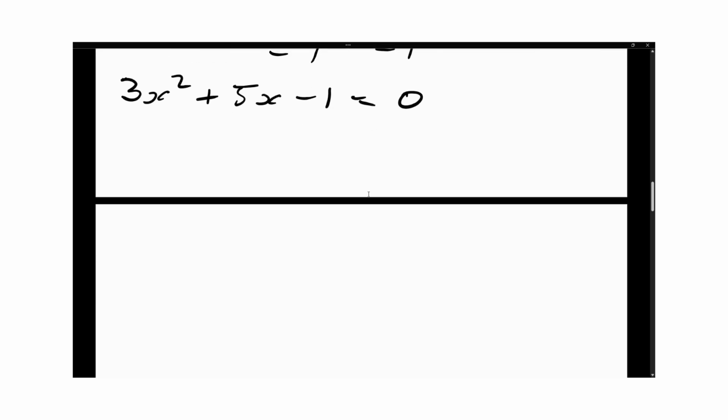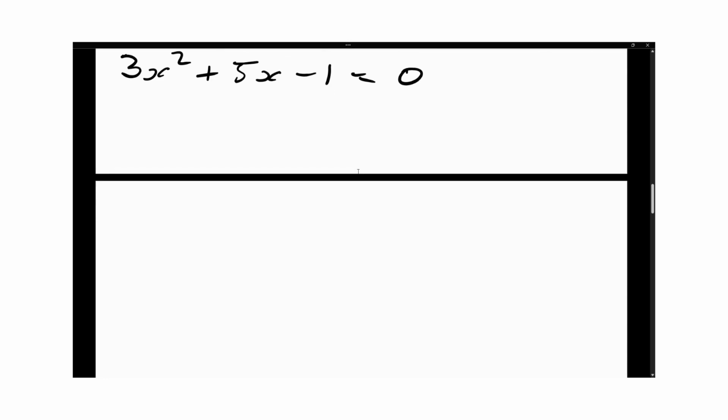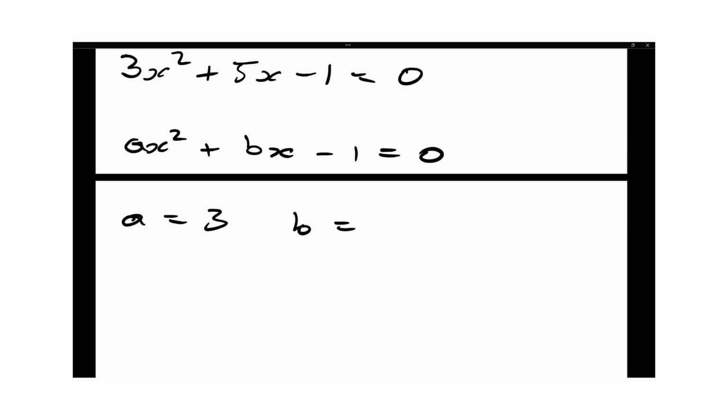Let's just continue. So now you can see that what we have here is ax squared plus bx minus 1 is equal to 0, which means our a will be equal to 3 and b is equal to 5, and then c, remember the sign, a number and its sign on the left, is equal to minus 1.